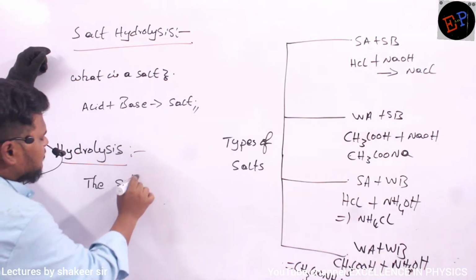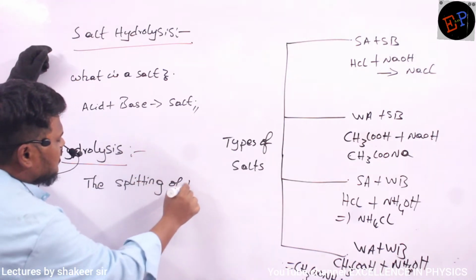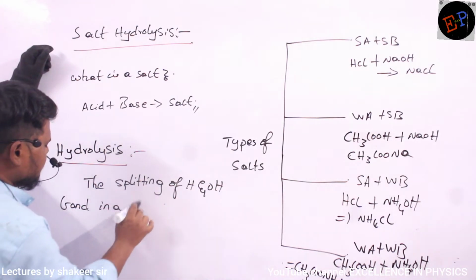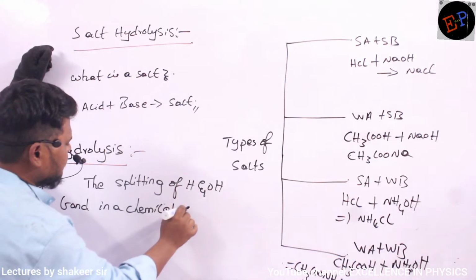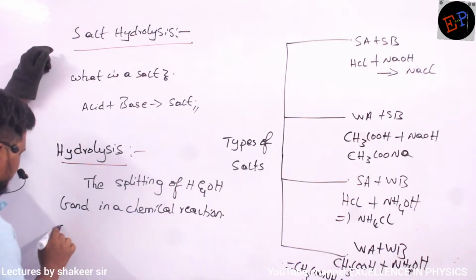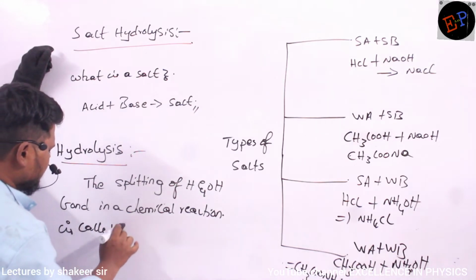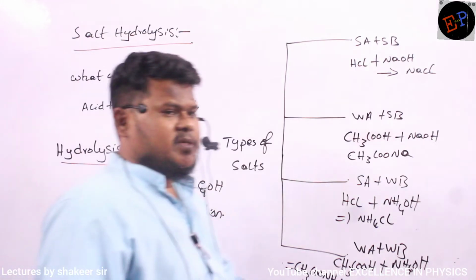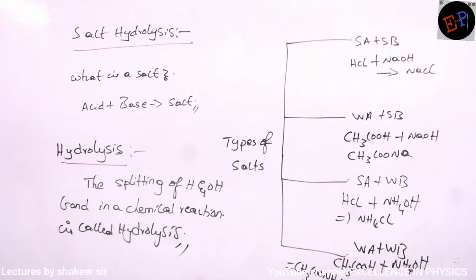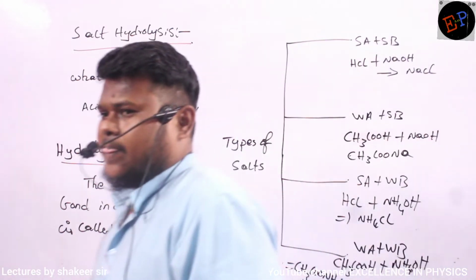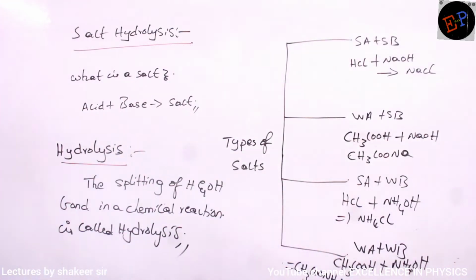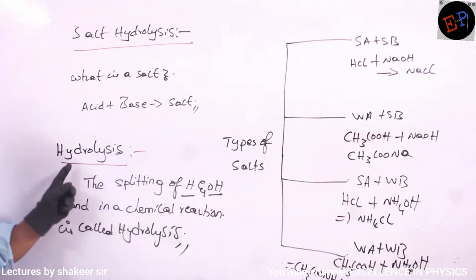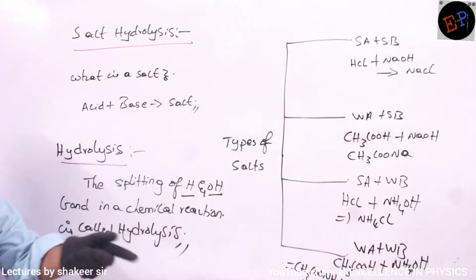The splitting of the H and OH bond in a chemical reaction is called hydrolysis. And where is the bond between H and OH present? It is present in water only. Are you able to understand? So when the bond between H and OH splits, that process is called hydrolysis, or you can call it hydrolysis of water.